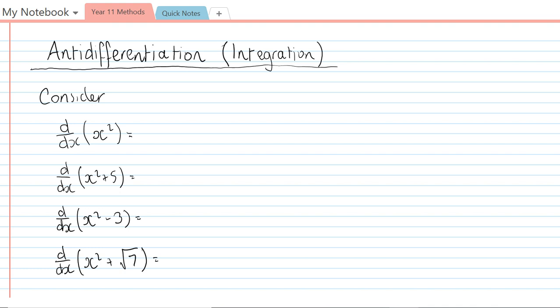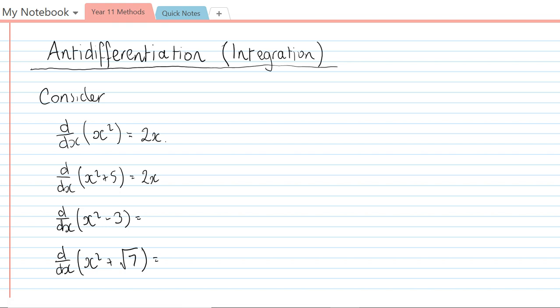So I've set up just a bit of a problem here, so consider these different derivatives. The derivative of x squared is the first one, and when we do the derivative of x squared we get 2x. The next one is the derivative of x squared plus 5, but again that's just going to be 2x, because the 2 goes in the front of the x, but then the 5, it's a constant, so it just disappears.